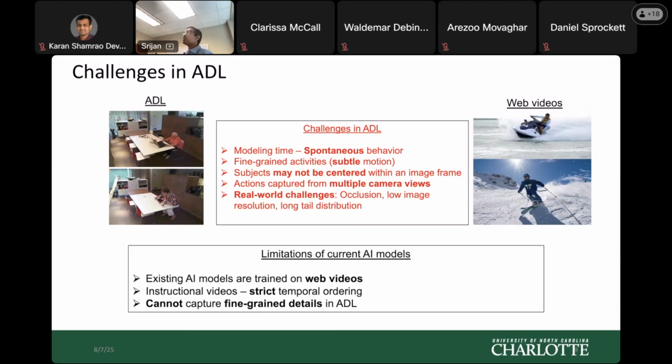And this is a problem in most real world problems, where the kind of data that we are interested in is not available on the internet. And that's why the foundation models that come out from many of these companies are trained on these internet scale videos and may not generalize to the scenarios that we are working on. And that's why we need some sort of domain adaptation.